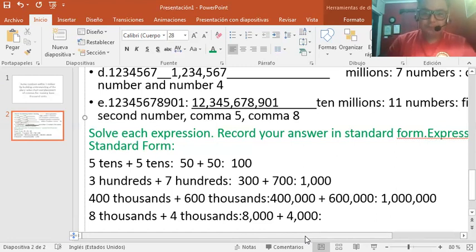If I sum 8,000 plus 4,000, what number will I get? 8,000, 9,000, 10,000, 11,000, and 12,000. My number is 12,000. That's great, guys. We got it.